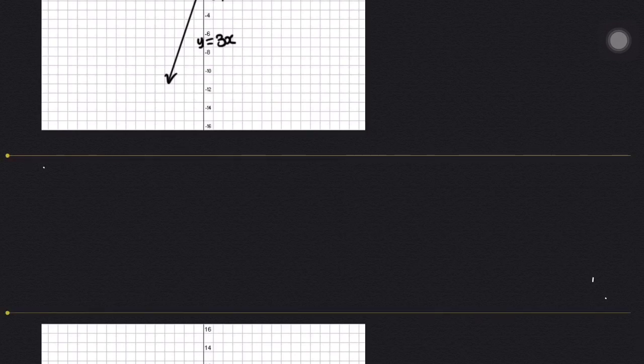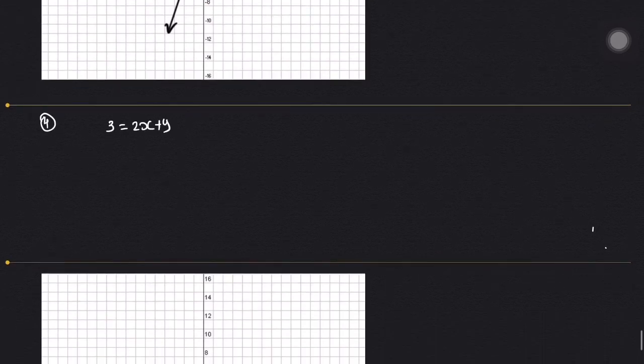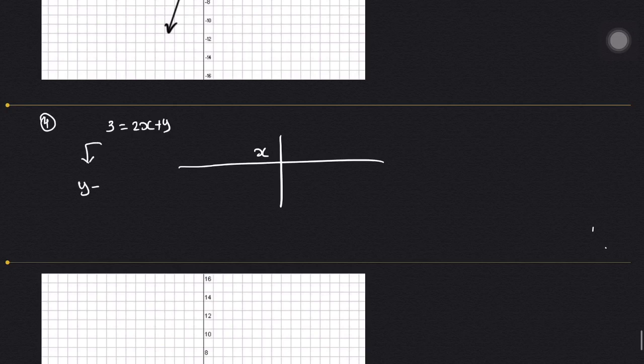Then question number 4. 3 is equal to 2x plus y. Then the value of x and y. From this equation, y is equal to, this term is moving to the left side, so 3 minus 2x. So the table is y is equal to 3 minus 2x. I substitute first x is equal to 0, the y is 3, then x is equal to 1, y is equal to 3 minus 2, so the y is 1.